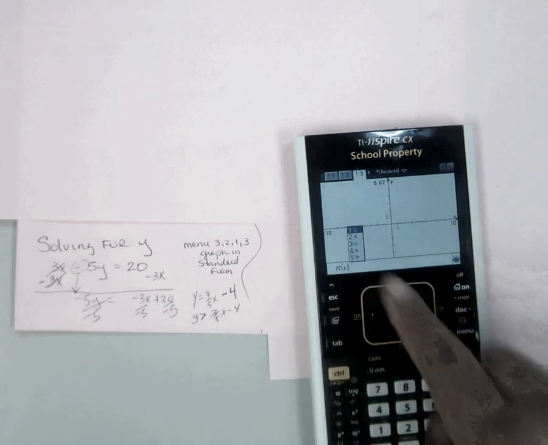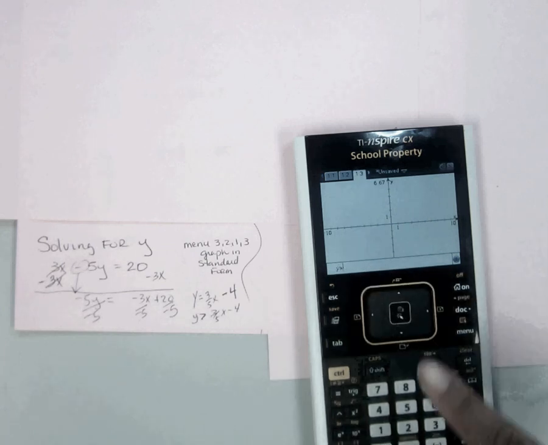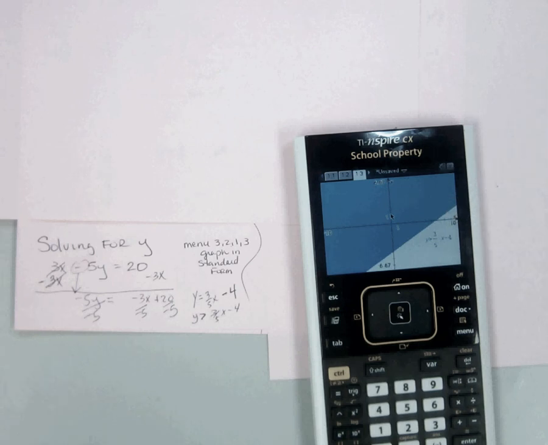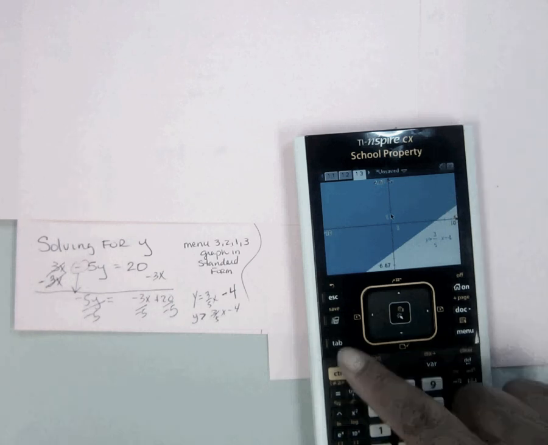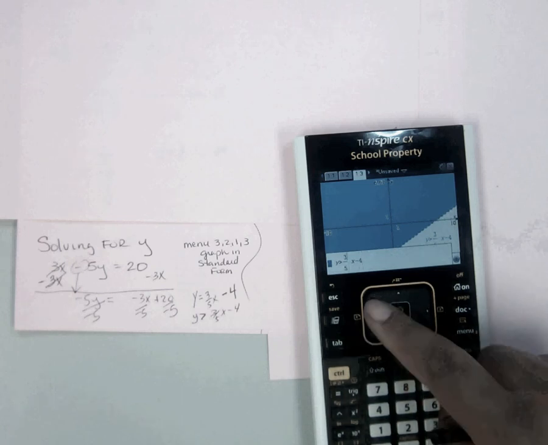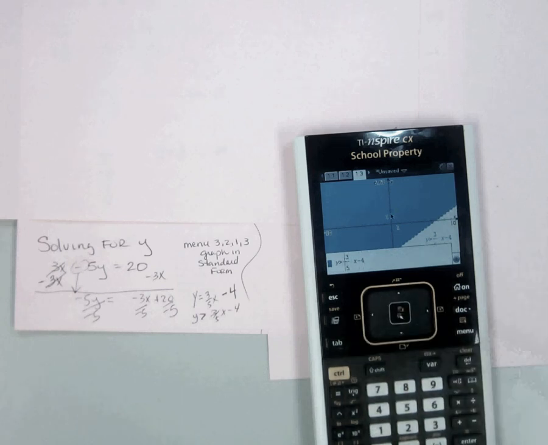And now you can choose. And then you just finish typing it in. 3 divided by 5, x minus 4. And it will graph it for you. Okay? If it's negative, you can do that too. Either or. Okay?